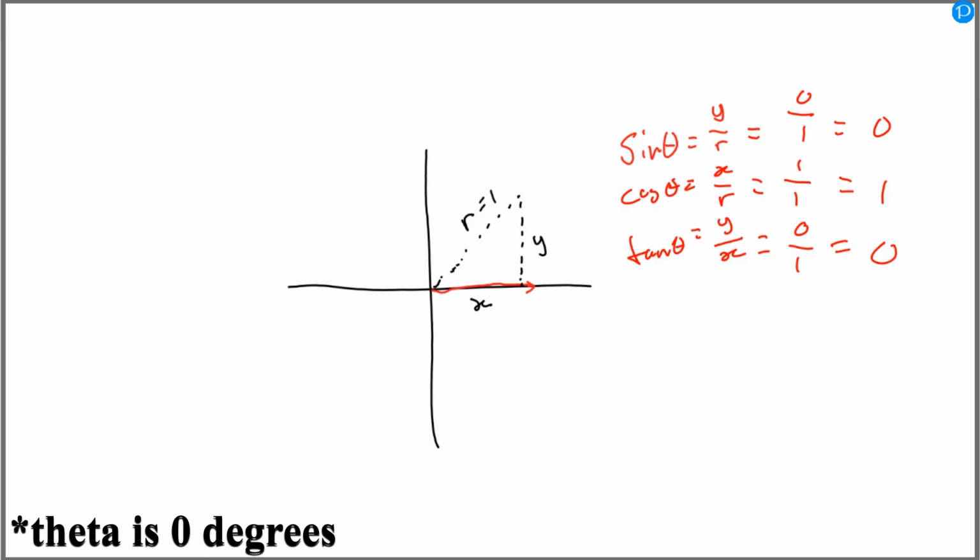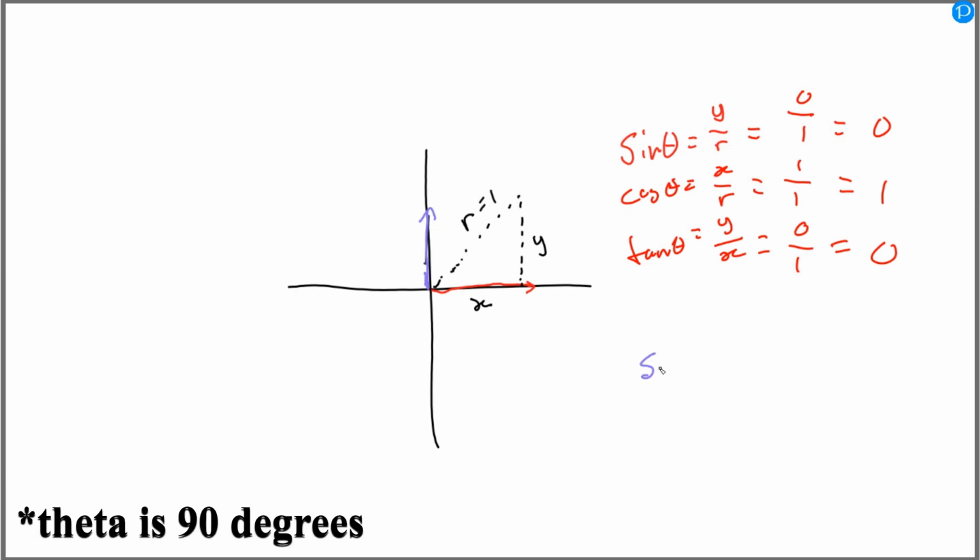And we can do the same sort of idea with this positive y-axis. Sine theta would equal, again, pretend I wrote in y over r, x over r, and y over x, but it would equal 1 over 1. Cos theta would equal 0 over 1.